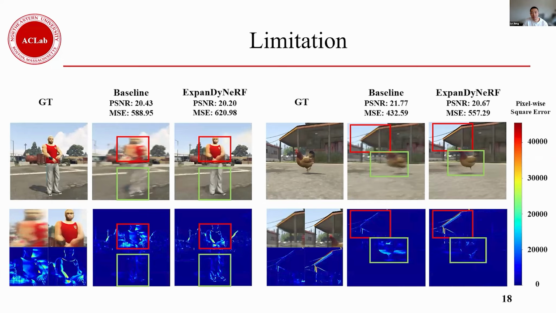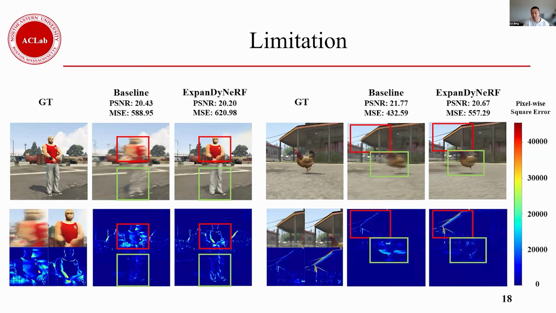And here are some limitations. Comparing the baseline and the expanding NeRF visually and quantitatively reveals that visually we have greatly outperformed others, but quantitatively maybe not by as much.